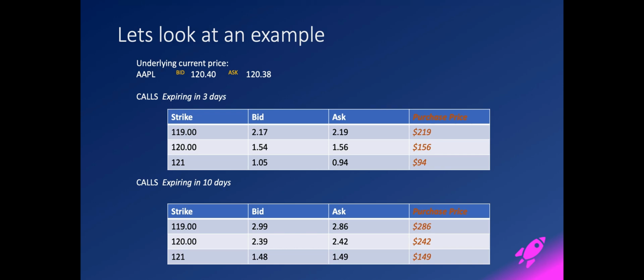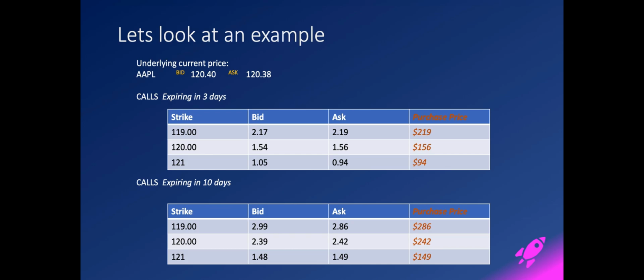A 119 strike call expiring in 3 days will cost you $219. Of course, that doesn't take into account any fee that you would pay to your broker. Different brokers have different fees on purchasing option contracts.